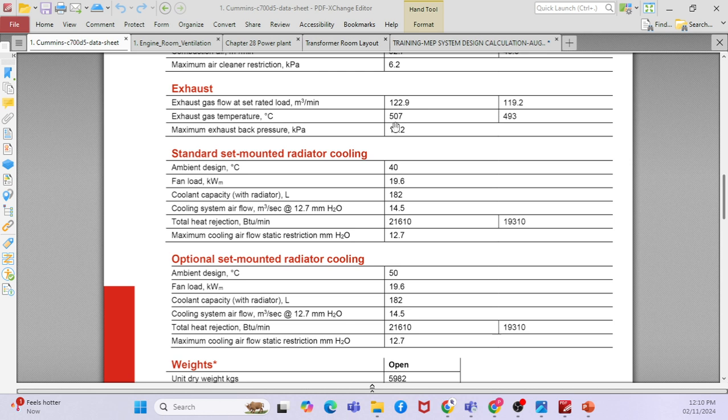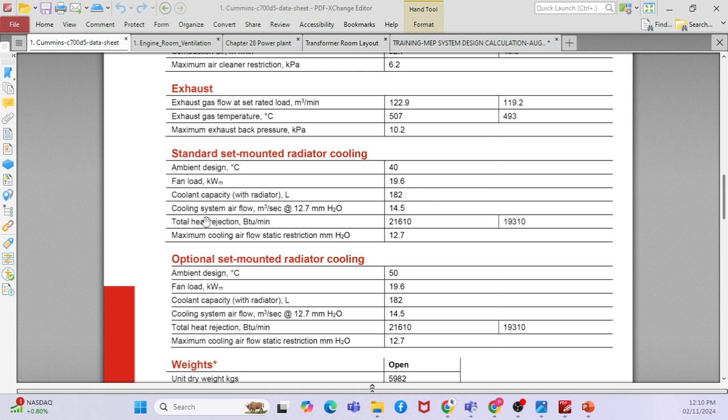But if you see it outside the pipe, you can expect around 507 degrees Celsius. So whenever you design the flue pipe, you will provide rock wool insulation, right? Okay, so there is no process of cooling. It will come outside, discharge to the atmosphere, and after that it will cool down.